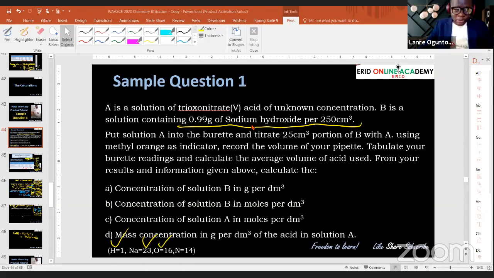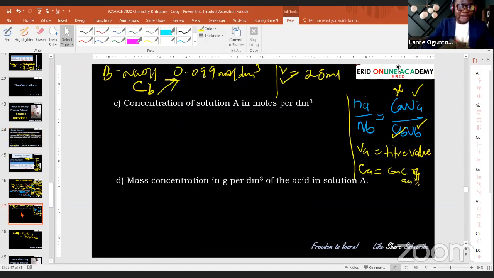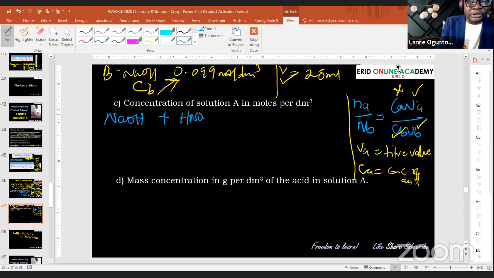So let's write the formula for nitric acid and the formula for sodium hydroxide, and write and balance the equation for the reaction. So your sodium hydroxide, NaOH, will react with nitric acid, HNO3.